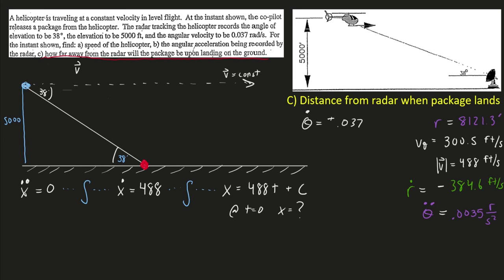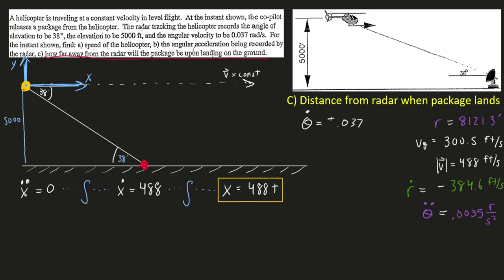I'll say this is going to be my x direction, this is going to be my y direction, which means at time equal to 0, my package is obviously right where that helicopter is, which means the x initial is 0. If I plug in time is 0, x is 0, I must get 0 for that constant. So my full x equation is as simple as x equals 488 times time. This is going to be a very useful equation. Let me just box it up.